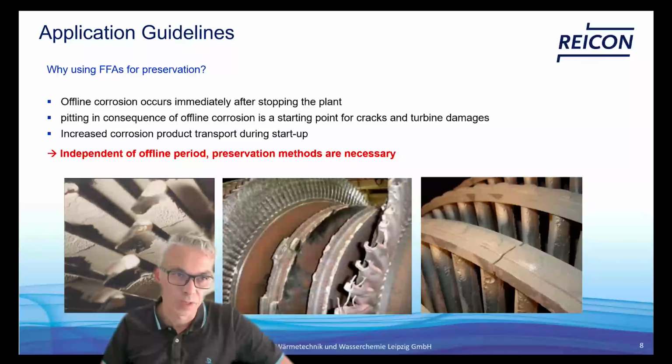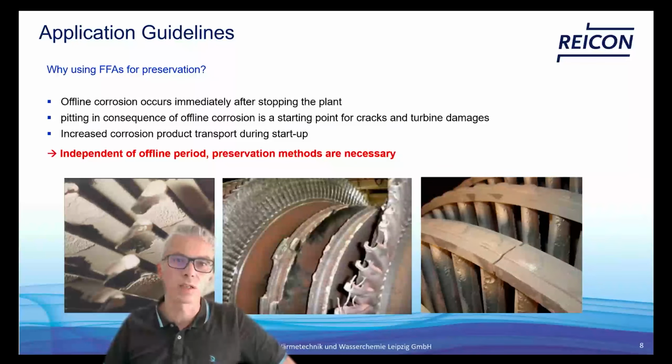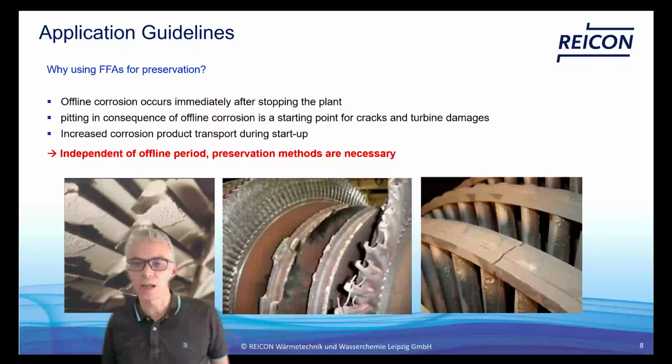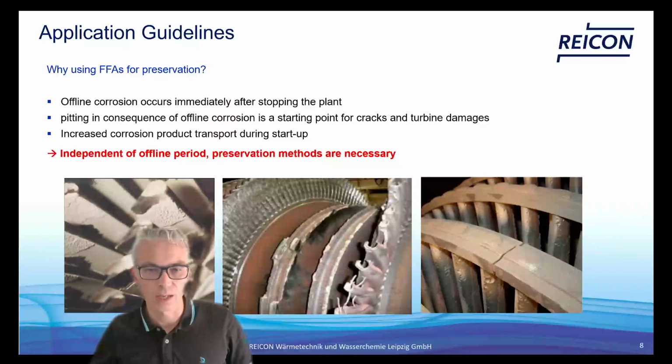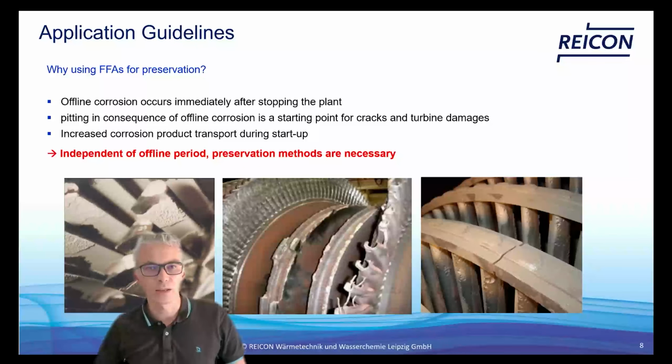One is that the corrosion starts immediately after you stop the plant, so you need to have on-demand protection when you're stopping. And if you take some time to establish a drying or a nitrogen capping, then corrosion can already start before you have applied your actions to protect the system.